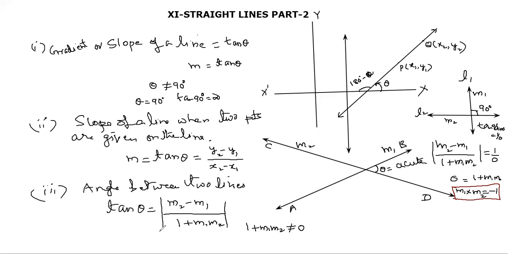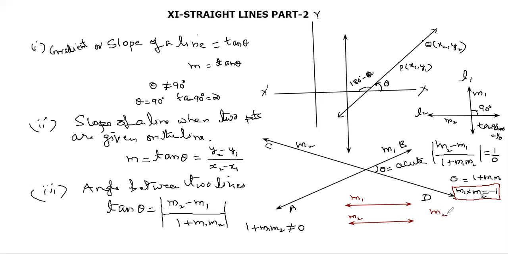But what will happen if the two lines are parallel to each other? Suppose this line is parallel to this line, and their slopes are m1 and m2. m1 is the slope of this line and m2 is the slope of this line. Then what is the angle between them? No angle, they have 0 angle.